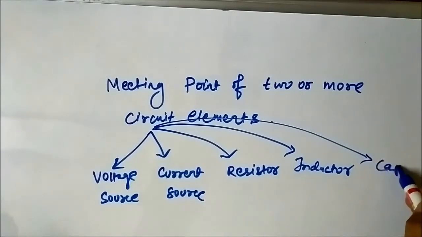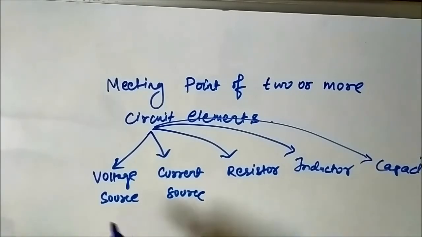So a node is a meeting point of two or more circuit elements. It can be a voltage source, current source, resistor, inductor, capacitor, or any other circuit element which obeys the basic linearity and homogeneity principle. So here is the basic concept about nodes.